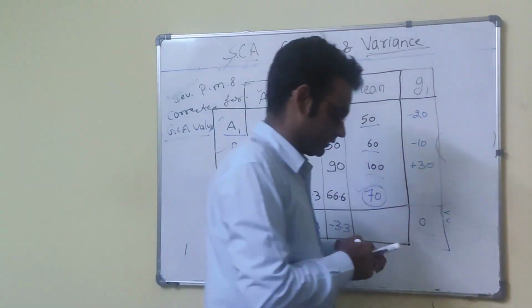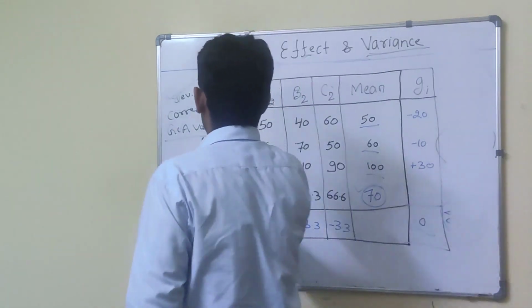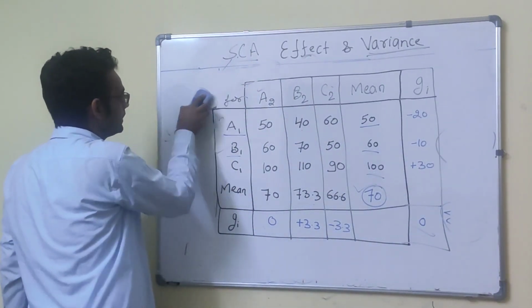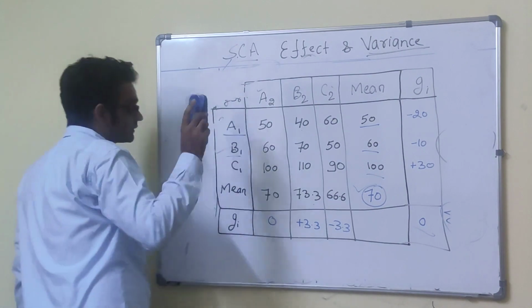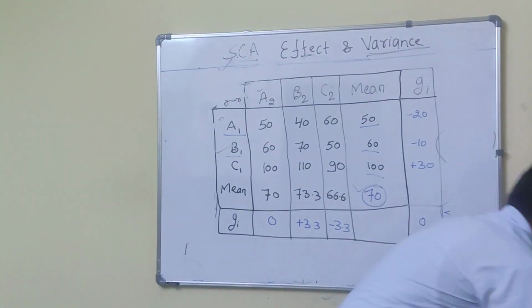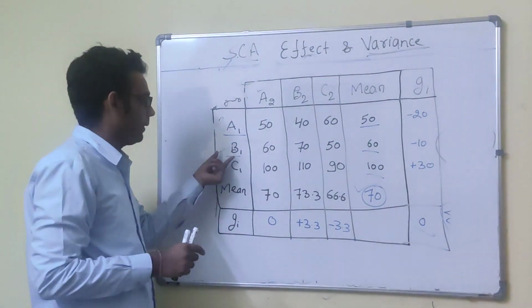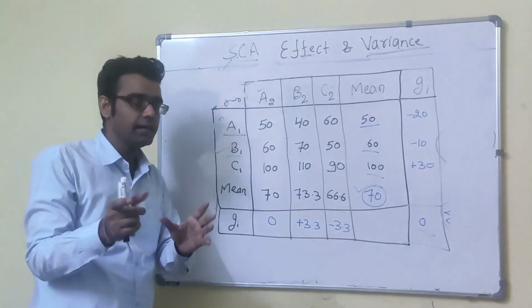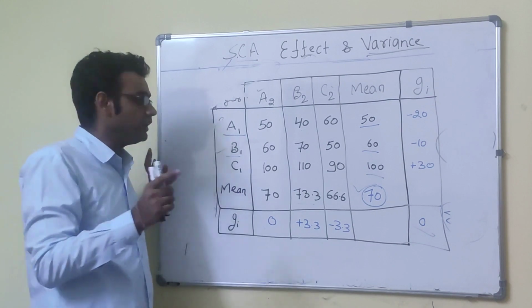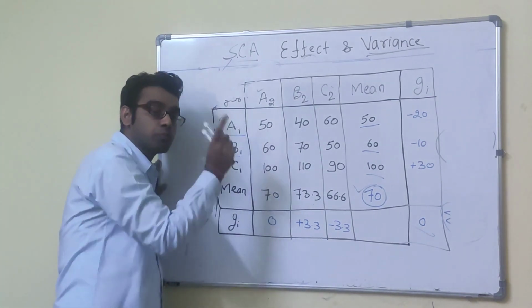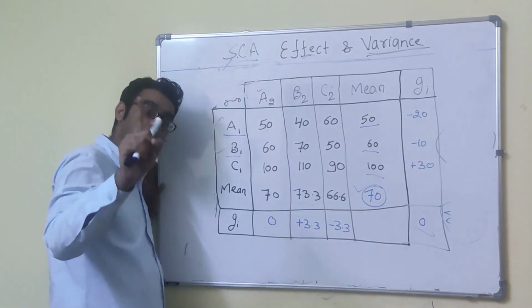So what is the meaning of this sentence? It means how you will calculate the SCA effect. The second thing is important. In case of GCA effect, you calculated the individual GCA effect of the parent. Why? Because GCA is related to the parent, SCA is related to the cross-head. It means you will calculate the SCA effect for the cross-head, not the parents.